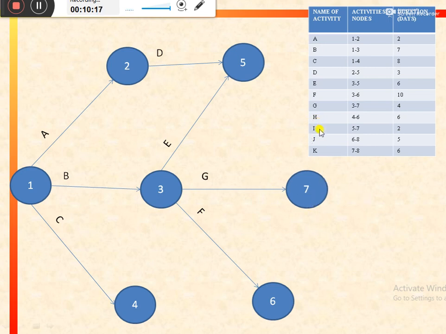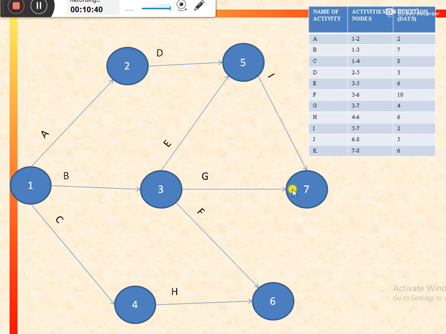Further, the activity H, which is starting from node 4 and ending at node 6. So it would be between node 4 and node 6, at this place, like this. Further, in a similar way, we can draw the activity I, that is between node 5 and node 7.